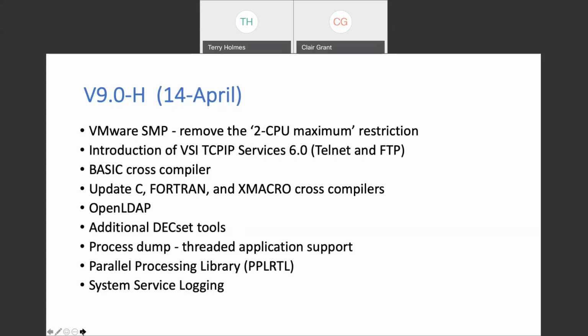But we will be removing this 2 CPU maximum restriction that's in the configuration in G. We will be switching to our own new TCP/IP services. Initially, just telnet and FTP to replace the functions that are there today, but moving to our own new product here. Hoping to get the basic cross compiler in with the H release.